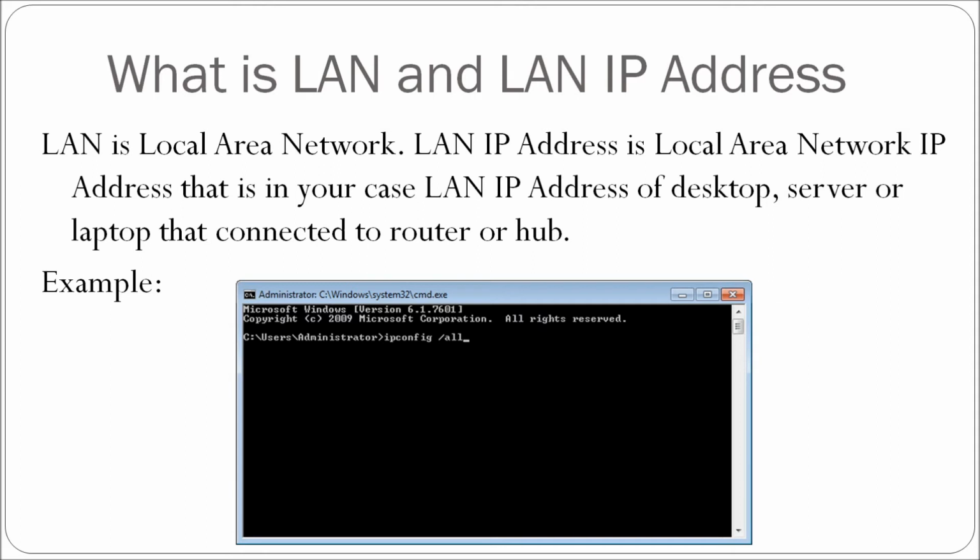But before that, let me go ahead and show you how to get to the command line for the Windows operating system. And keep in mind, this method can be applied with Windows XP, Windows Vista, Windows 7, and Windows 8.